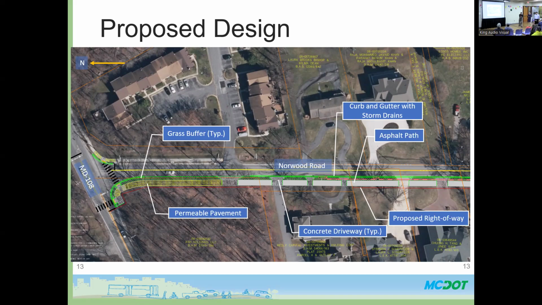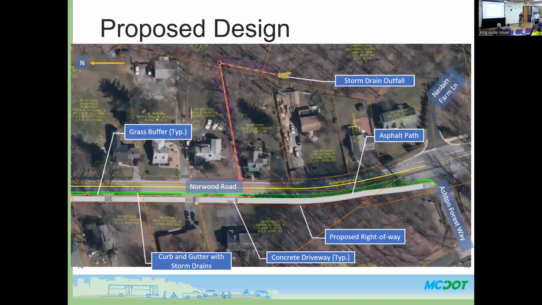Again, I don't think it's an issue, but I just wanted to make sure that you were aware of that and that it was on your radar. If you go one section south, please. Lori, can you go to the slide? There you go.